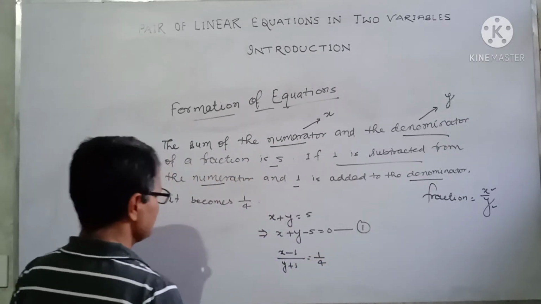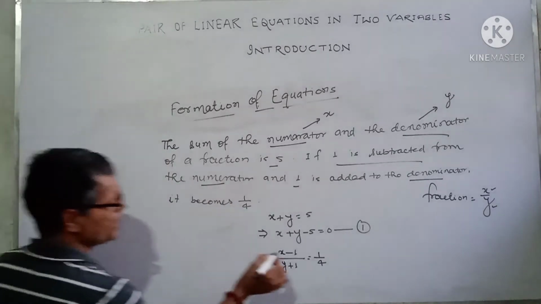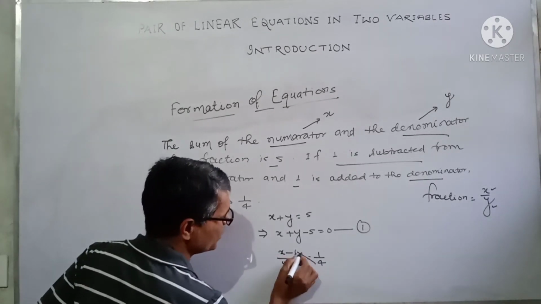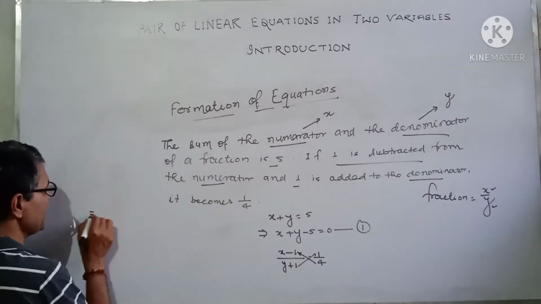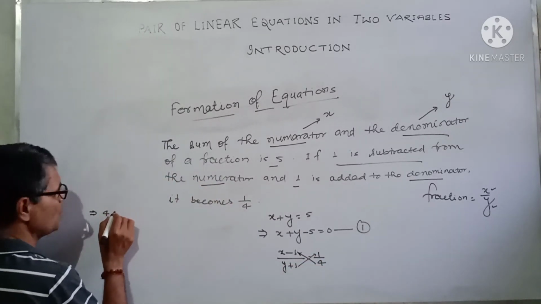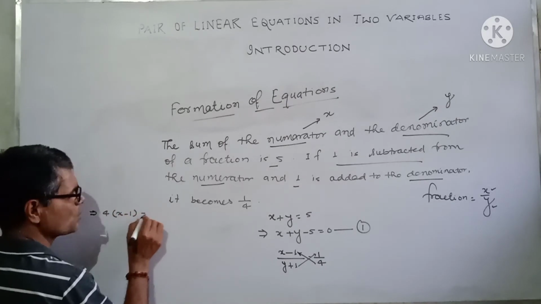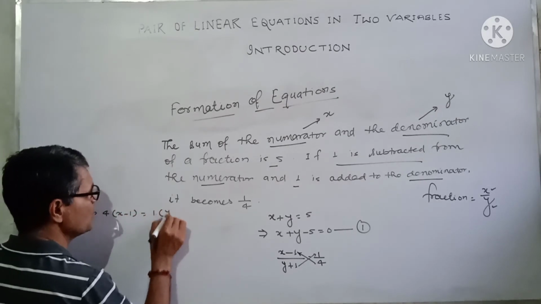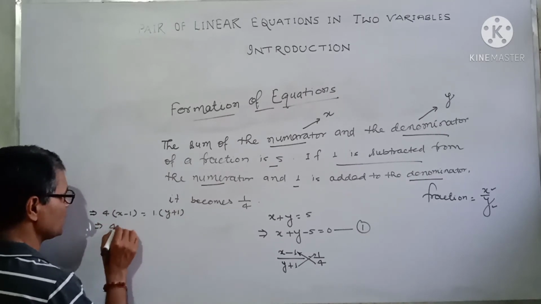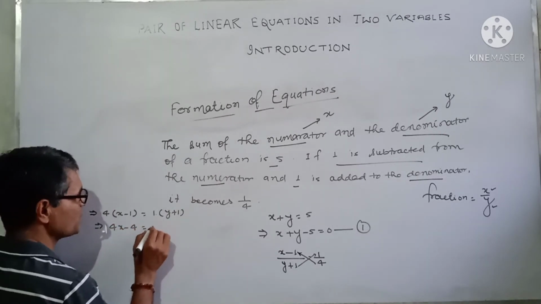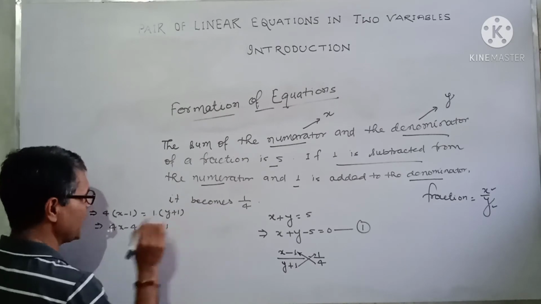This can be written as, when you cross multiply, 4 into x minus 1 is equal to 1 into y plus 1. This will be 4x minus 4 is equal to y plus 1.